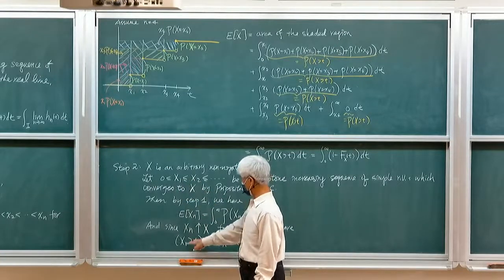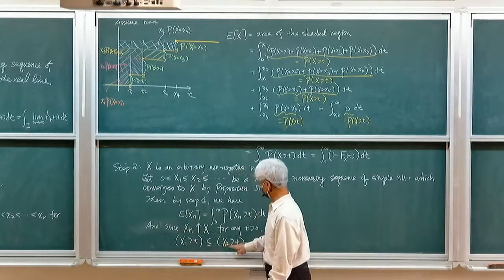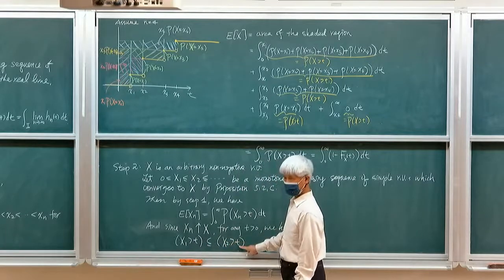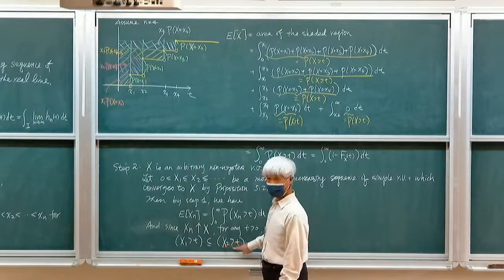So if X1 is greater than t, then X2, of course, is greater than t. So this is a bigger one.